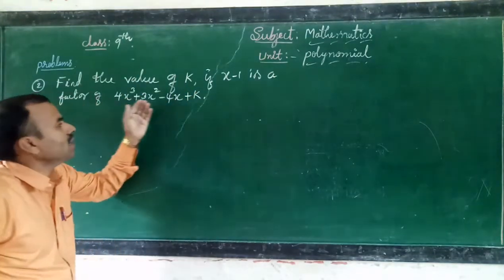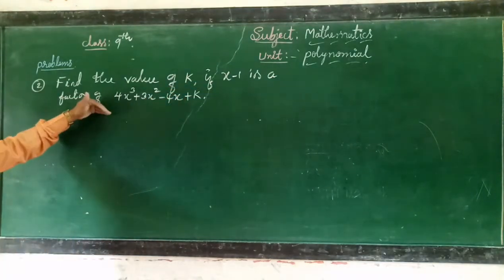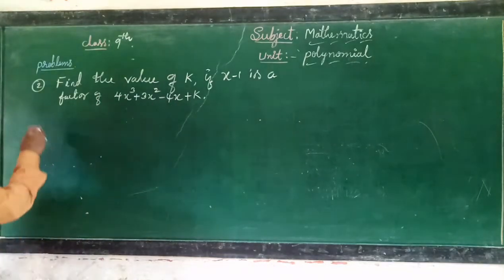Dear students, here we have to find k. x minus 1 is a factor of this polynomial P of x.